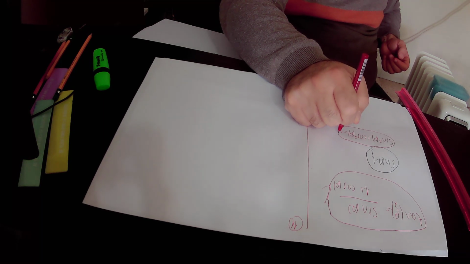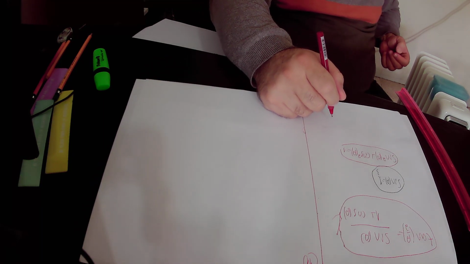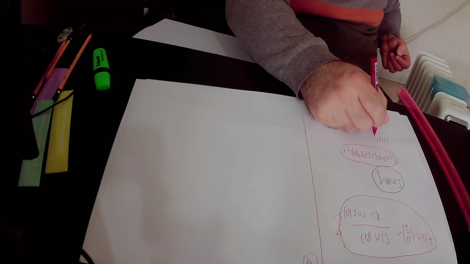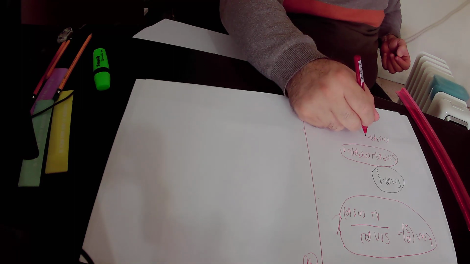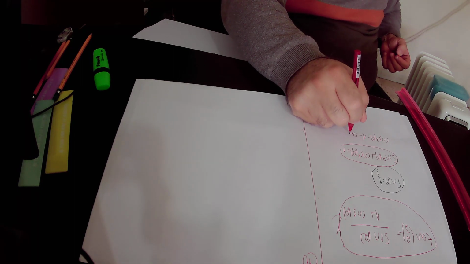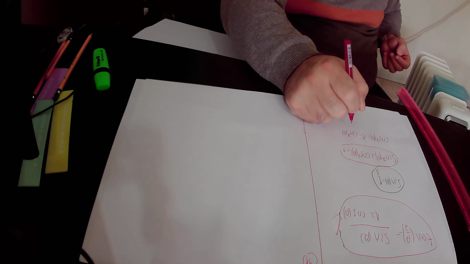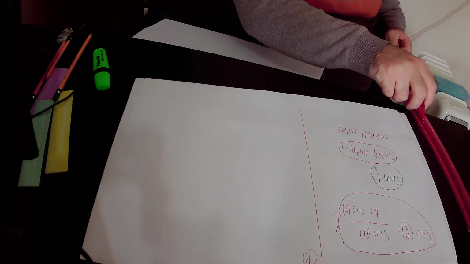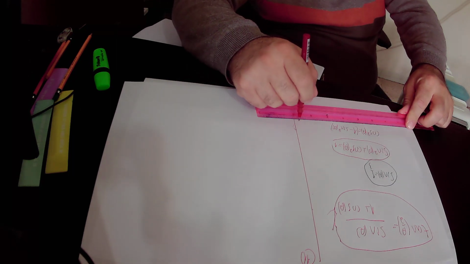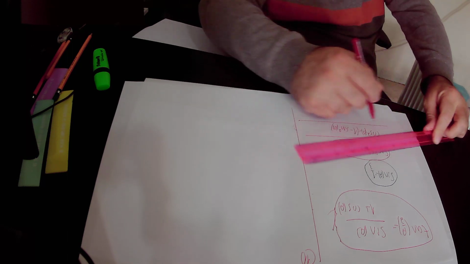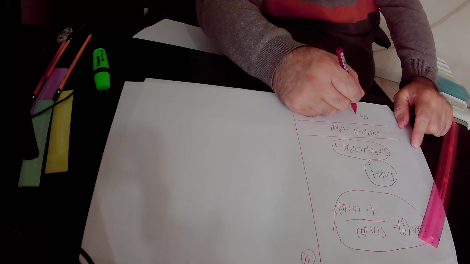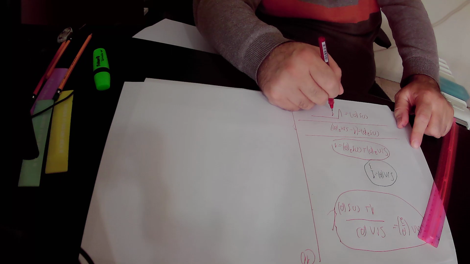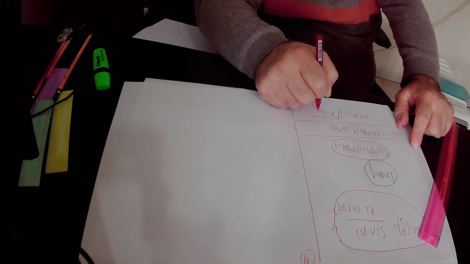We'll subtract sine squared theta from this trigonometric identity, and we'll get that cosine squared theta equals 1 minus sine squared theta. Here we'll take a root out of this equation, and we get that the value of cosine theta is equal to the square root of 1 minus sine squared theta.